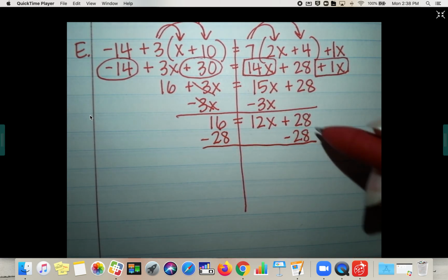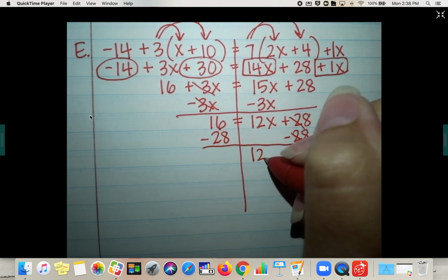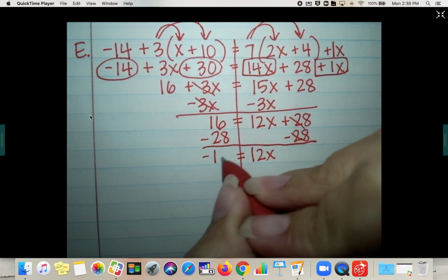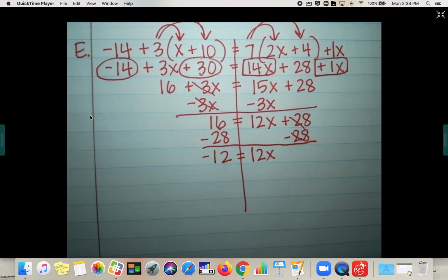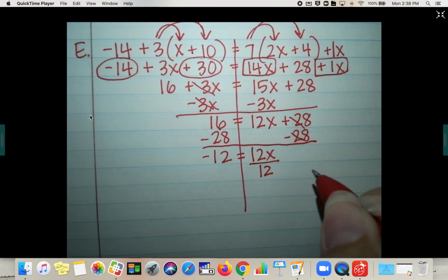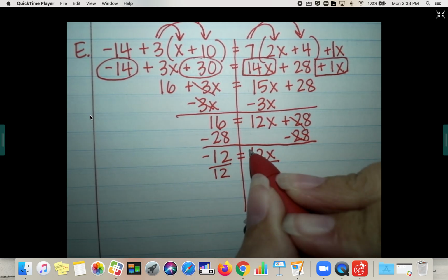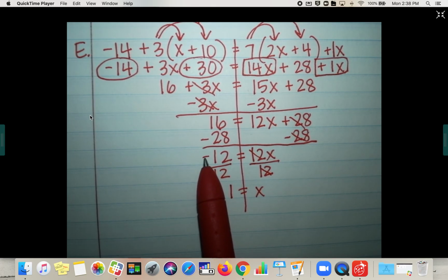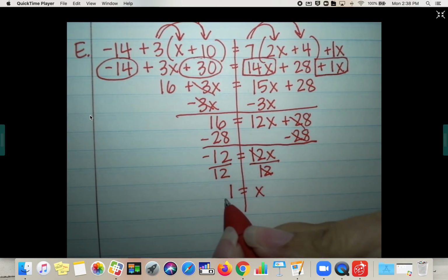Ooh, I'm going to have a negative, which I like to try to avoid, but it's okay. 16 minus 28 is negative 12. All right, last step. X is being multiplied by 12, so you're going to divide by 12 on both sides. A number divided by itself is 1, but in this case it's a negative divided by a positive, so it's going to be a negative 1.